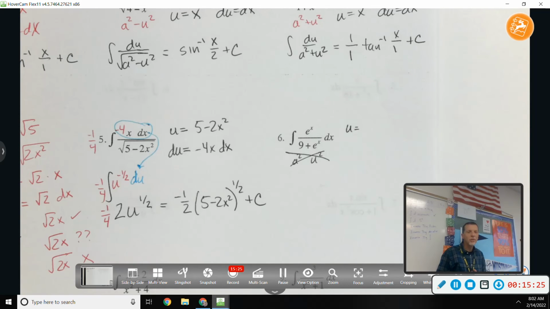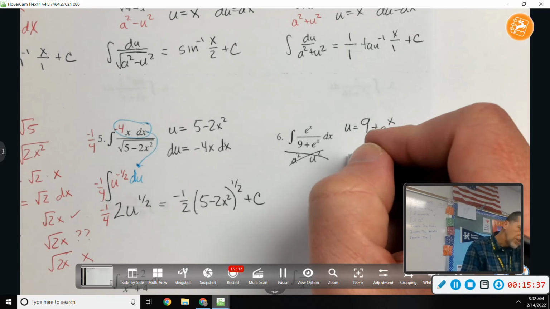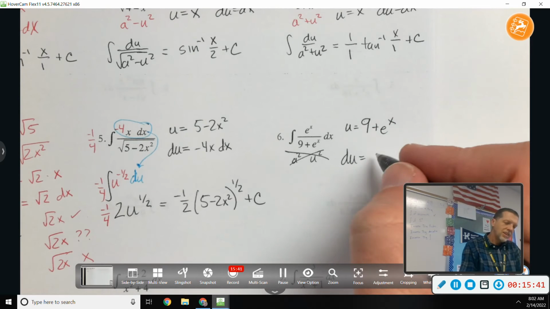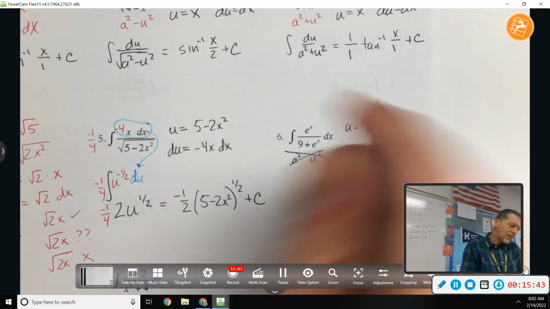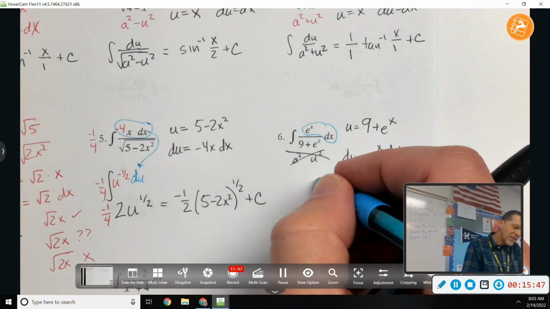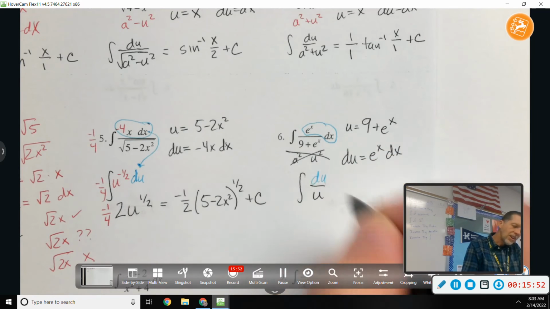Any other ideas for what u could be so that du shows up? Because if u is 9 plus e to the x, what's du? And that's great, because that's what we have. So no fixing necessary.